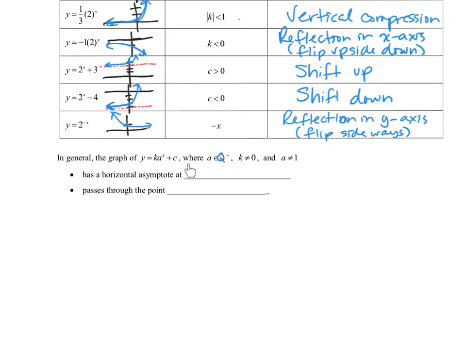In general, an exponential function of this form will have a horizontal asymptote at the line y equals c, and will pass through the point (0, k plus c). In other words, this is where we'll find the y-intercept. So that's really all you need to remember: when you go to sketch the graph, find the horizontal asymptote by just looking at the equation y equals c, and then add k, the coefficient of the a to the x term, to c, and that will tell you where your y-intercept is.